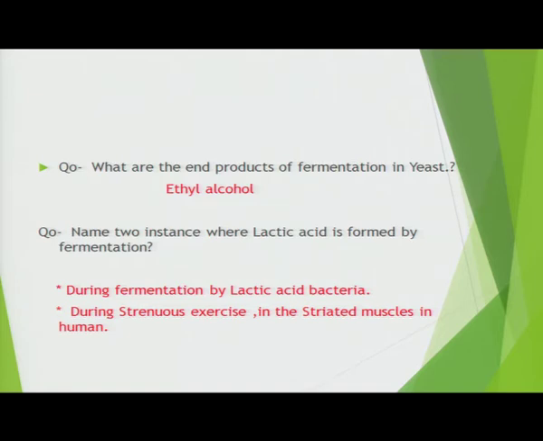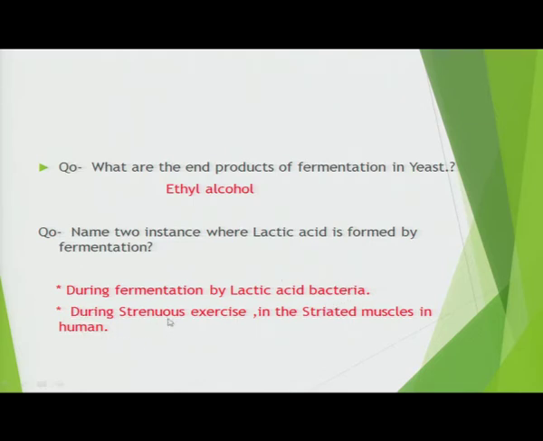The last question was, name two instances where lactic acid is formed by fermentation. The first is fermentation by lactic acid bacteria, which is involved in the conversion of milk into curd.